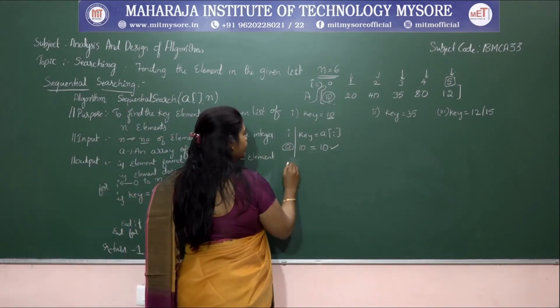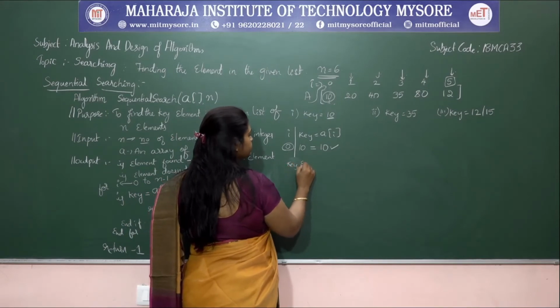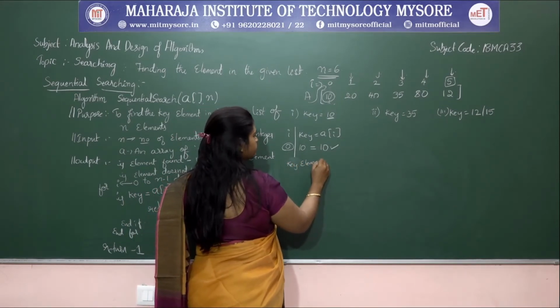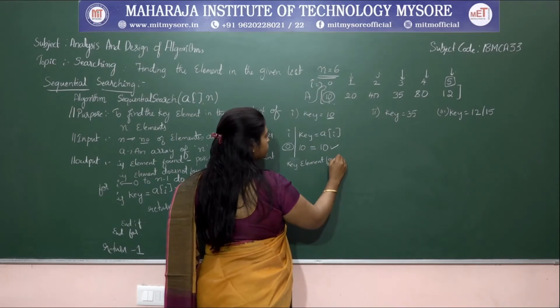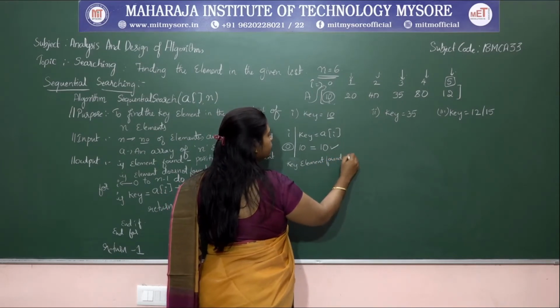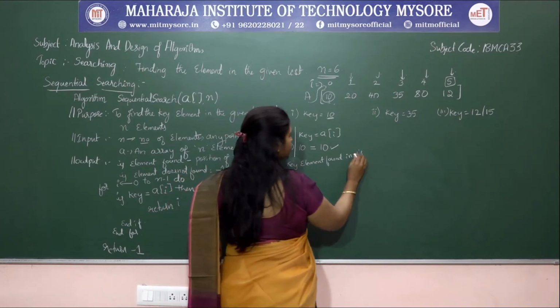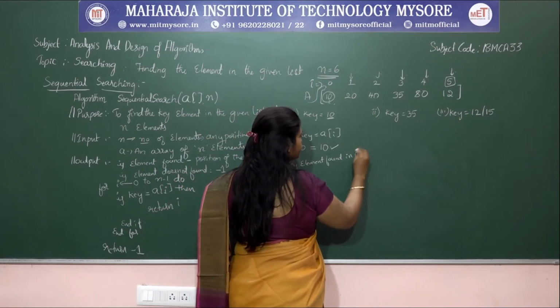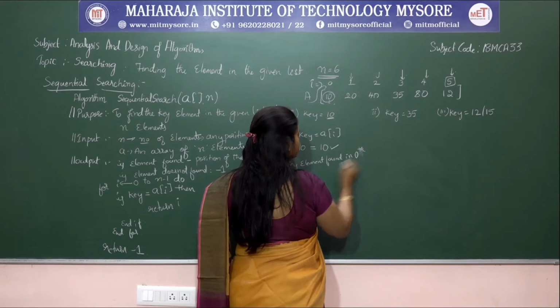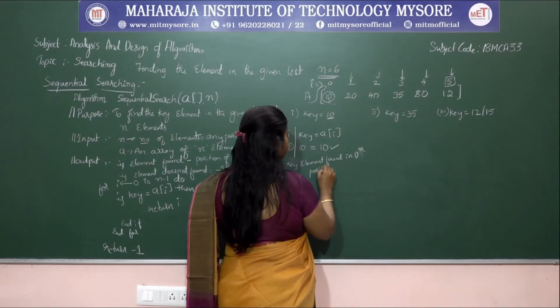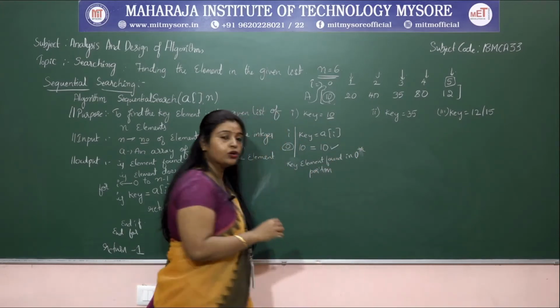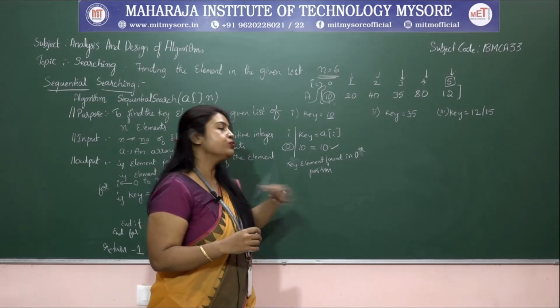So the key element is found in the 0th position. Okay. So the first one is over.